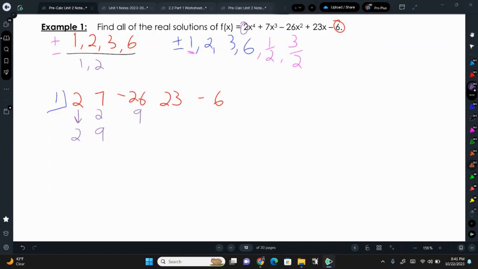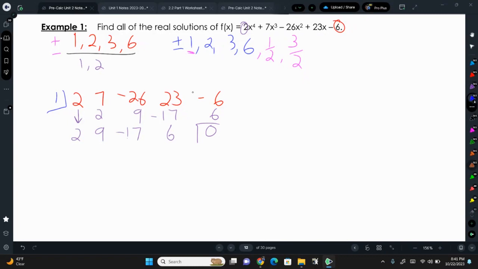Negative 26 plus 9 is negative 17. Negative 17 times 1 is negative 17. 23 plus negative 17 is 6. 6 times 1 is 6. So then we get 0. So x equals 1 is a solution.